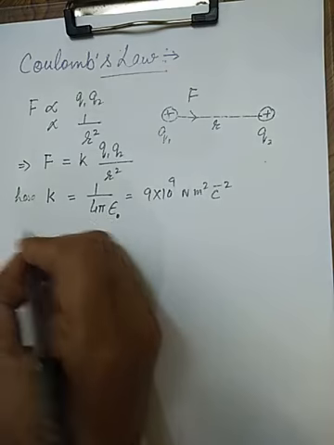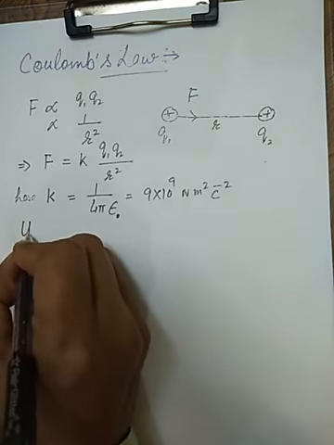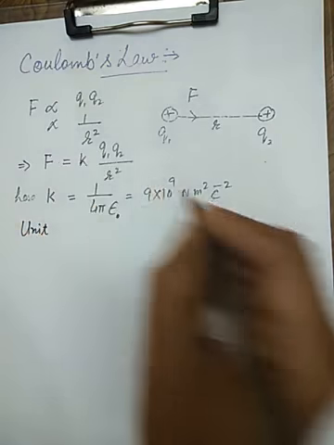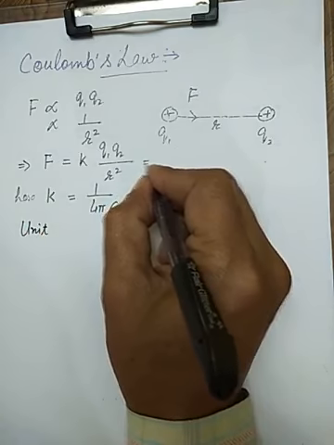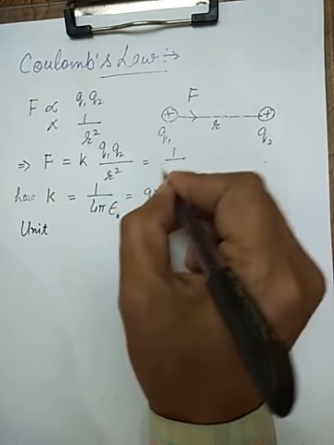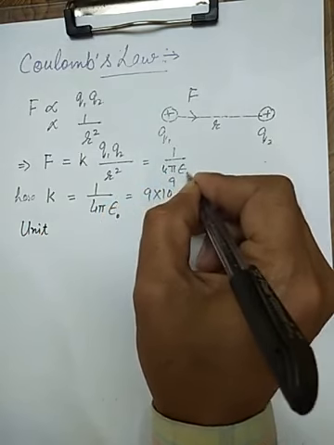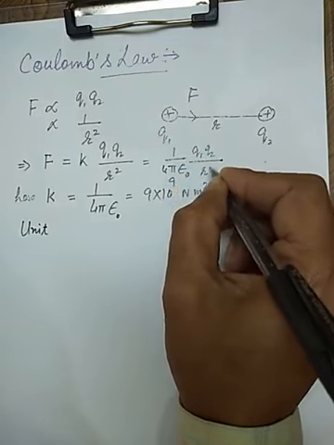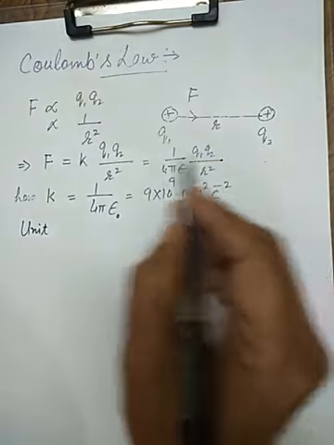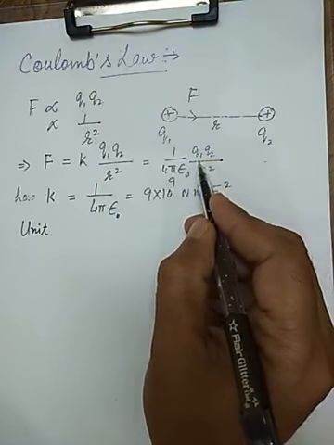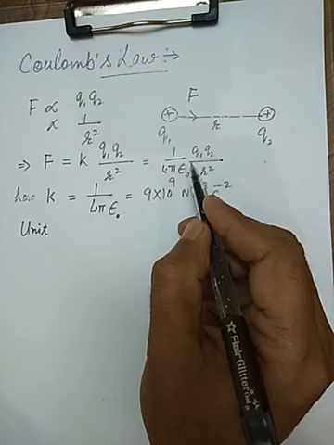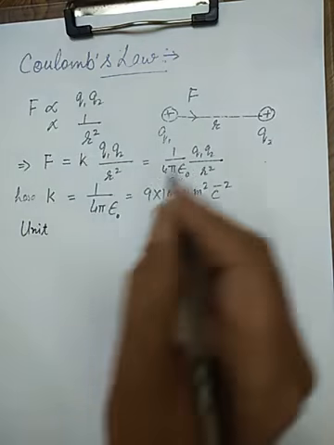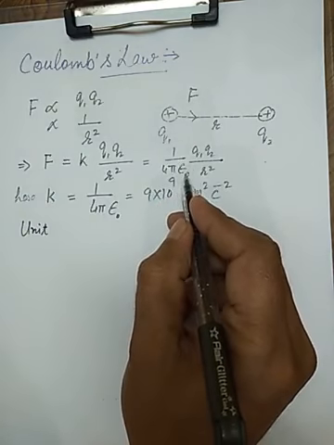So this relation can be written as F equals 1 upon 4 pi epsilon naught, Q1 Q2 divided by r square. This is the basic formula of Coulomb's law, and the unit can be derived from here.